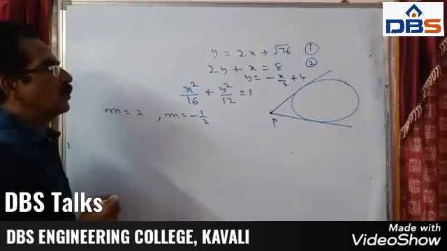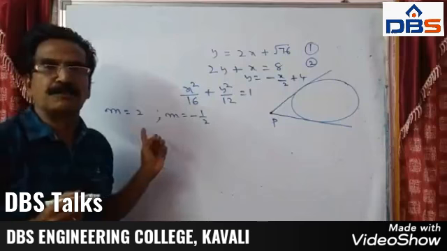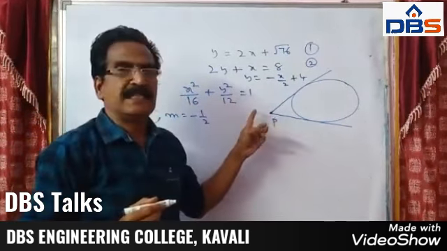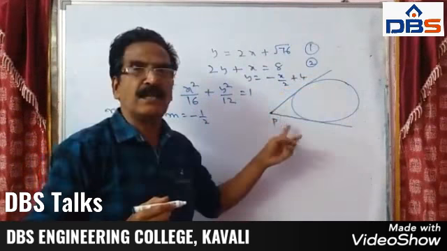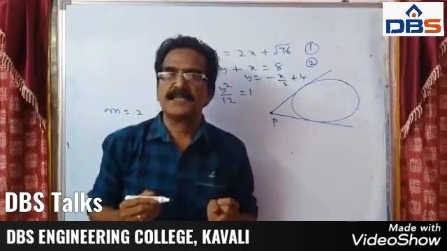So the product of these slopes is minus 1. So these two tangents are perpendicular tangents.